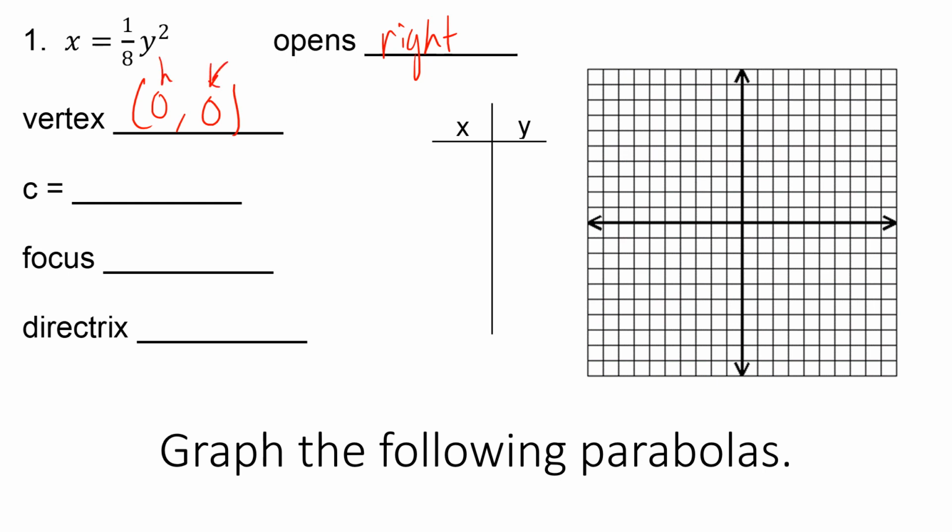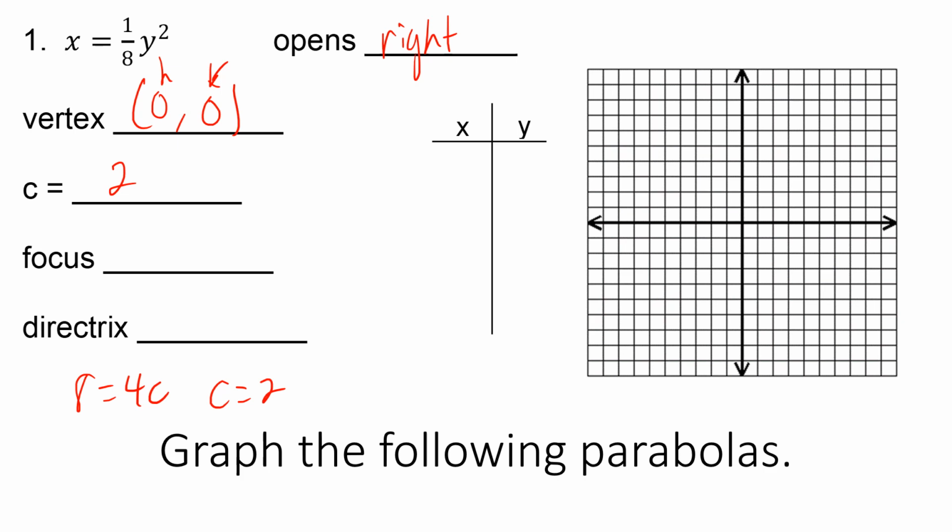Our c is from our denominator. So if my denominator is set equal to 4c, we have 8 equals 4c. Therefore, c has to be 2. Our focus is going to be along our horizontal axis of symmetry, which is based off of our k.